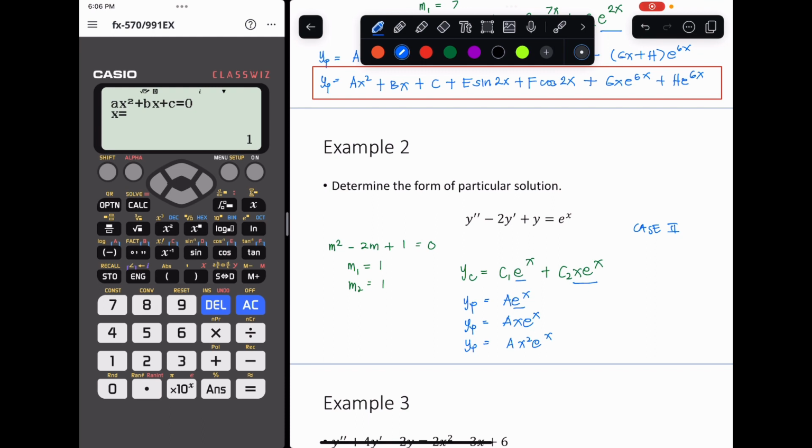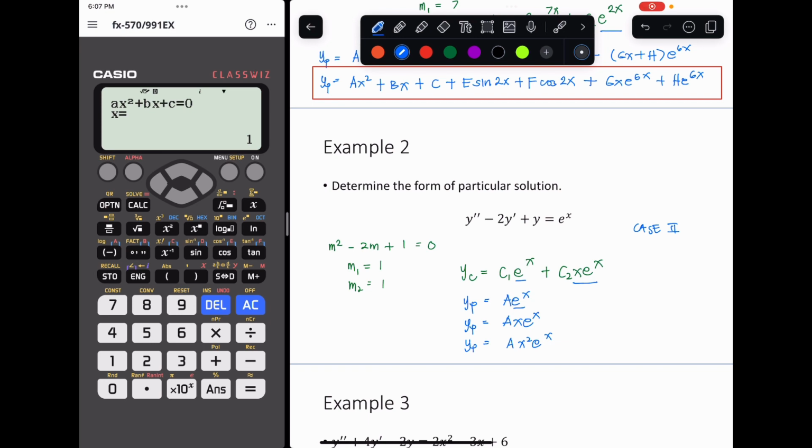If you're wondering what will happen if, for example, I'm not going to multiply it with x, even though there is a repetition or a duplication of a function, once you solve it, you will not get any value for the constant a in this case. It will totally cancel out.